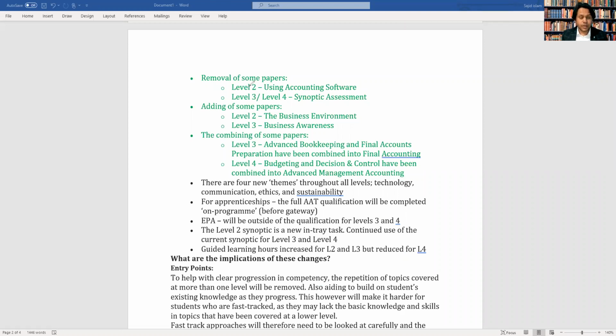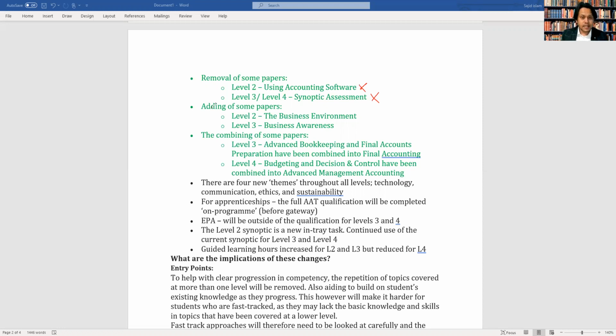The removal means they're going to remove the paper in level 2, using accounting software. So from 2022, the new syllabus, if someone registers with AAT, they will not have using accounting software in level 2. Then in level 3 and level 4, there will be no more synoptic paper. So if you do level 3 and level 4, there will be no more synoptic exam after next year, starting from 1st of February 2022.